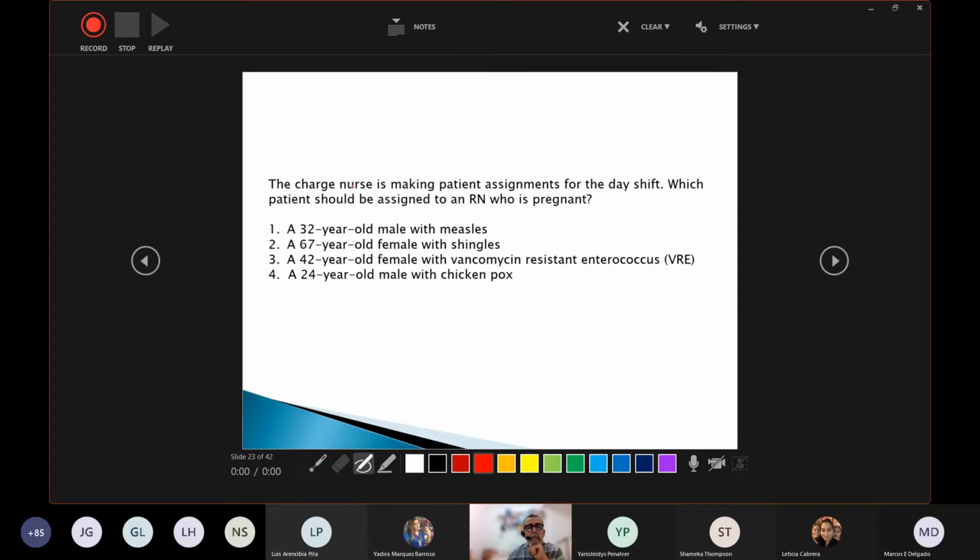The charge nurse is making patient assignments for the day shift. Which patient should be assigned to an RN who is pregnant? So now I commented that. So we have measles, shingles, MRSA, and chickenpox.